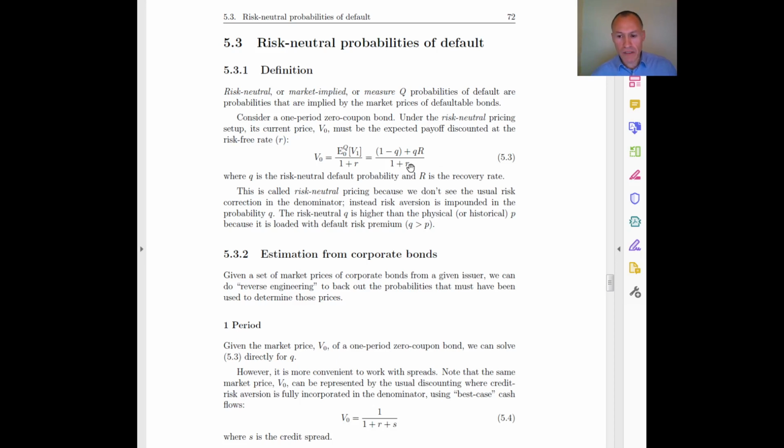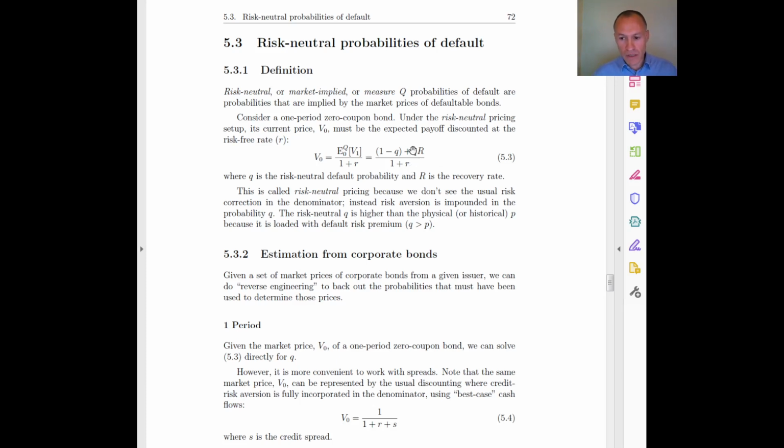So this is called risk-neutral pricing because I am discounting a value at the risk-free rate, which would be appropriate if investors were risk neutral, okay? But obviously investors are not risk neutral, so the name risk-neutral probability is a bit misleading, in the sense that I am not assuming that investors are risk neutral.